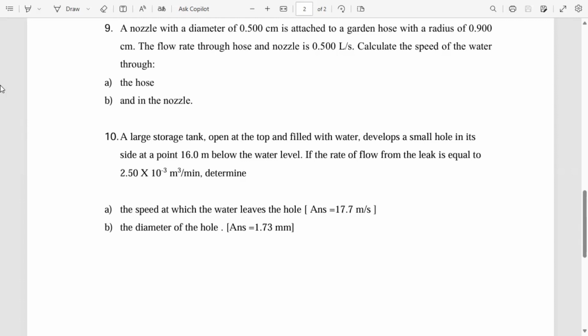The flow rate through the hose and nozzle is 0.500 liters per second. Calculate the speed of water through A, the hose, and B, the nozzle.